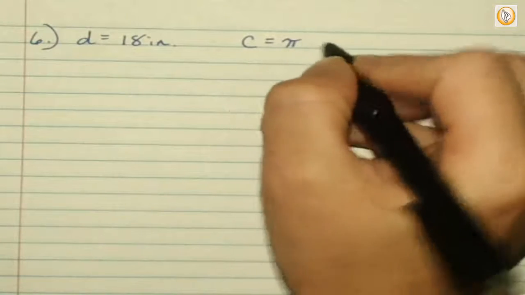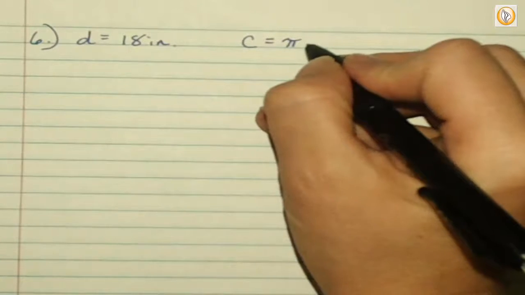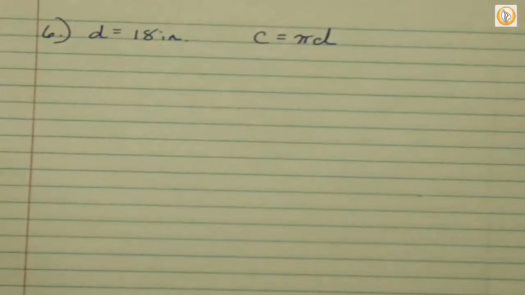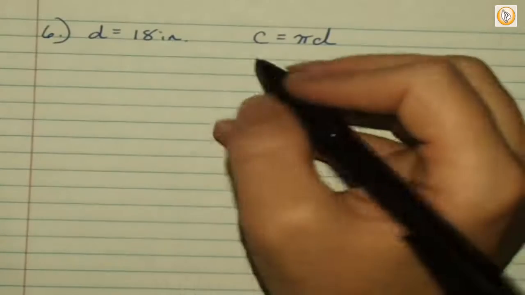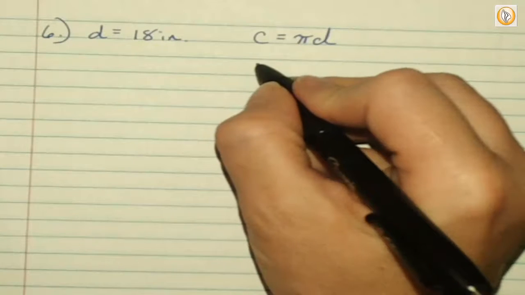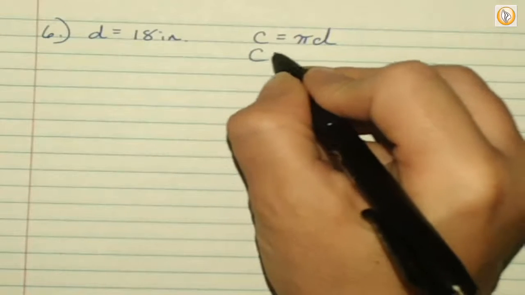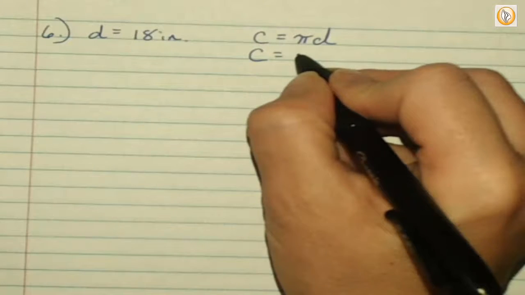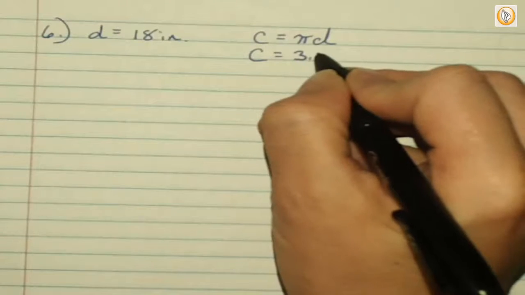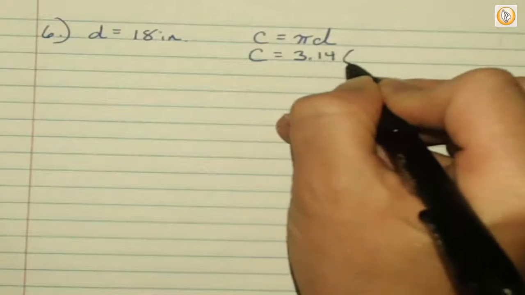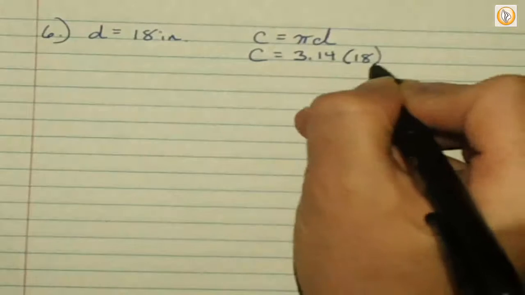Okay, so Michael talked me through it. What am I doing? You multiply 18 times 3.14. Okay, so pi is 3.14 times diameter, which is 18.